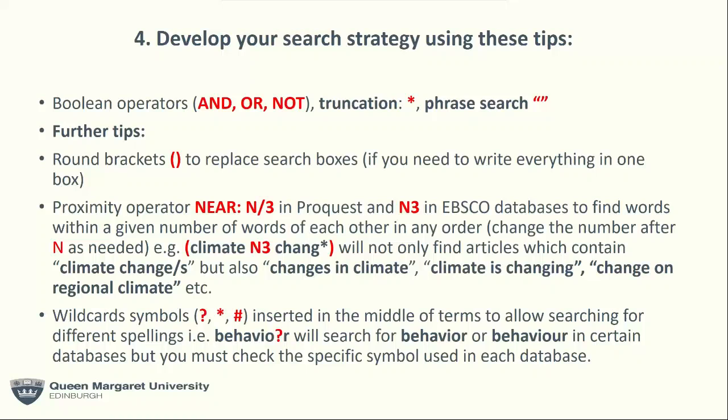For example, climate N3 change with an asterisk truncation means searching for climate within 3 words of the word change, in any order, including the exact phrase climate change, but also changes in climate, climate is changing, change on regional climate. You'll notice I have also used truncation here because I'm thinking about using the plural for change, as well as changing.